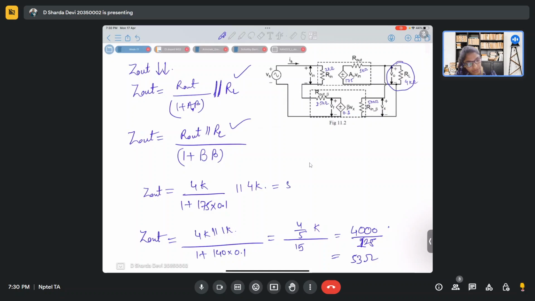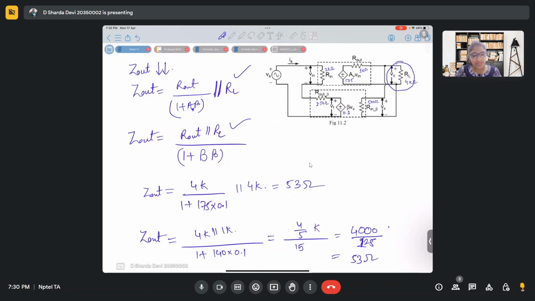Are you getting 53 ohms? You cannot cancel that. Silly mistakes. Okay, so through both the formulas you are getting 53 ohms, right?